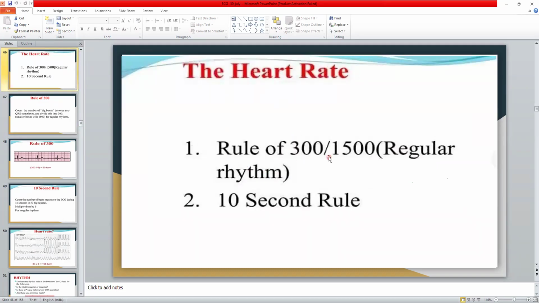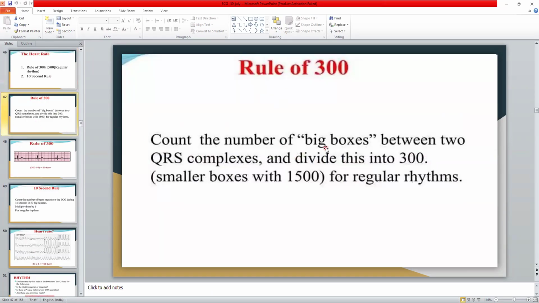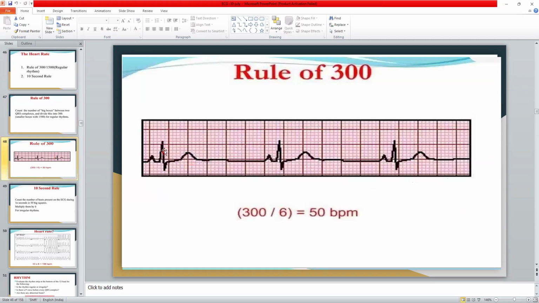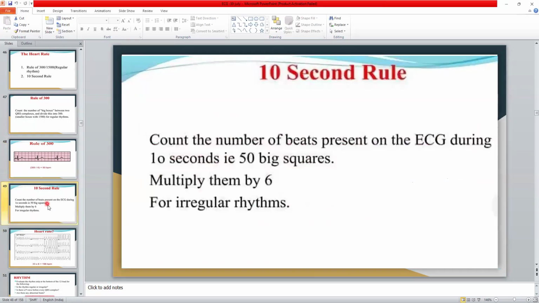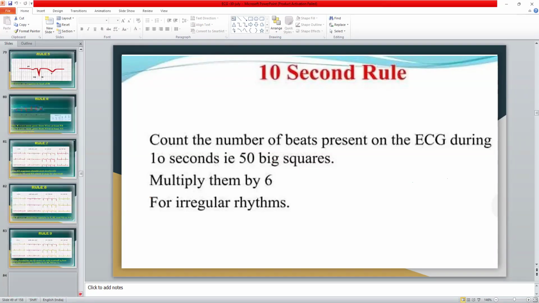There are two methods: the rule of 300 or 500, for a regular rhythm if the RR interval is small, and the 10-second rule. In the rule of 300, count the number of big boxes and divide into 300. In the 10-second rule, count the number of beats present in the ECG during 10 seconds, or 50 big squares, and multiply by 6. You will get the heart rate. Got it? Yes, ma'am. Thank you, ma'am.